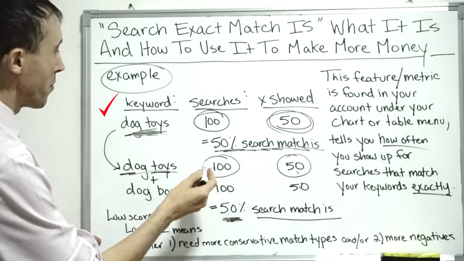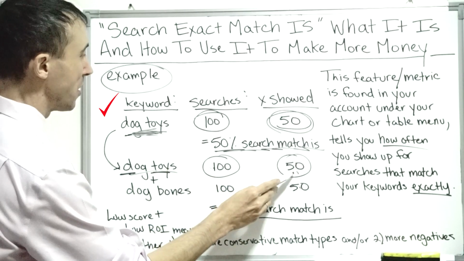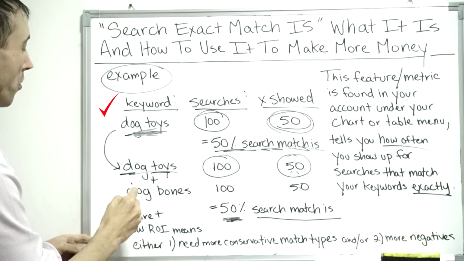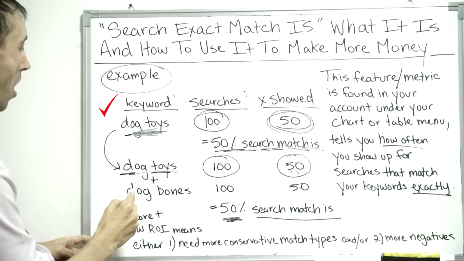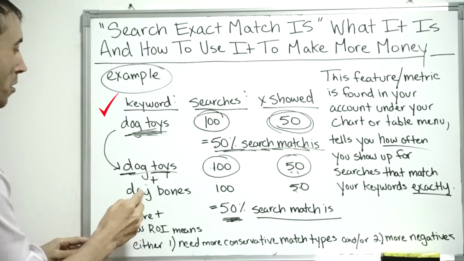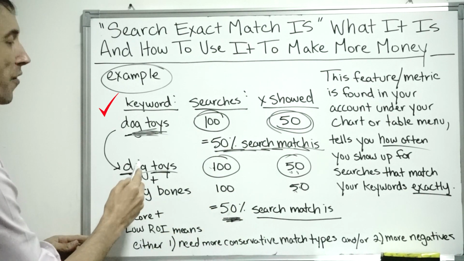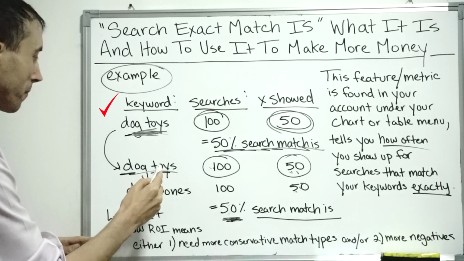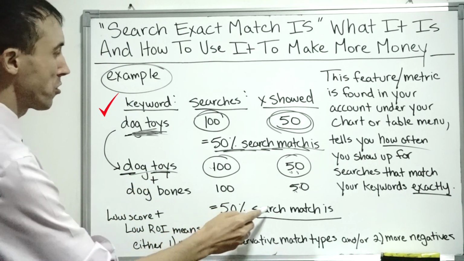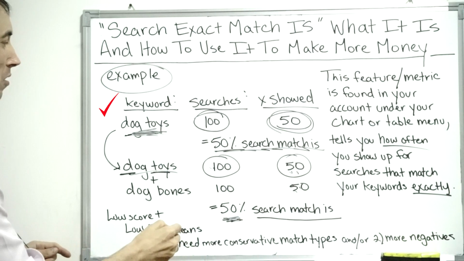Going back to the scenario I mentioned before, if 100 people search for dog toys on Google and you show up 50 times, and then of 100 people that search for dog bones, you show up 50 times, with your ad showing up for dog bones because you're bidding on the keyword dog toys still, your search exact match is going to be 50%. Why?